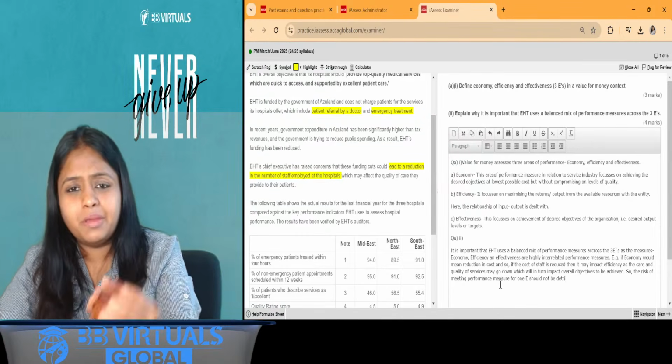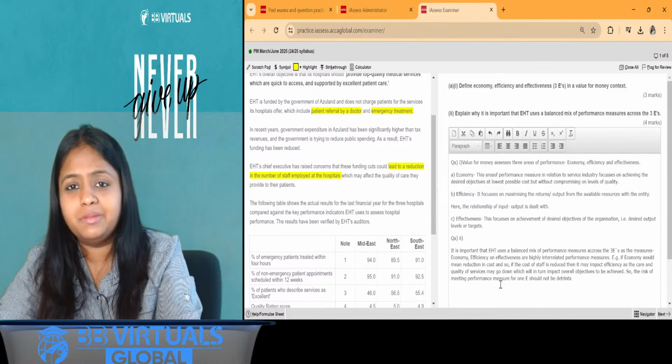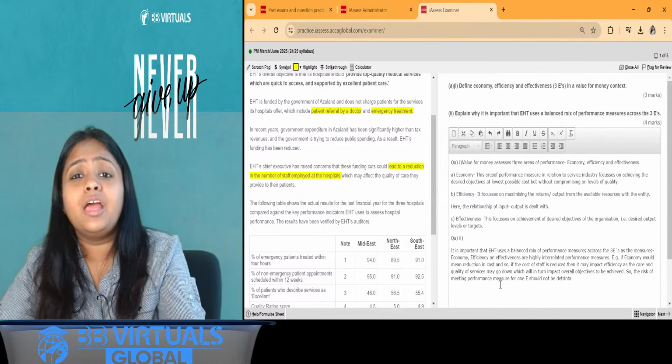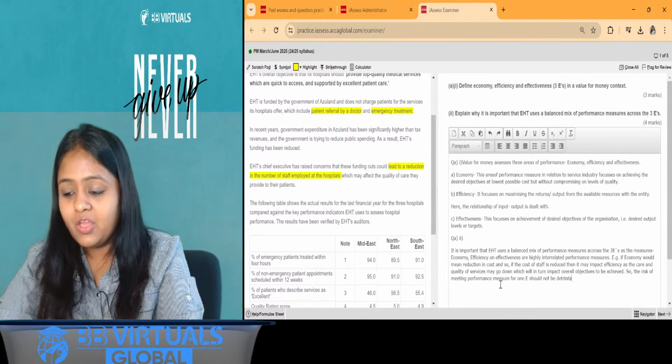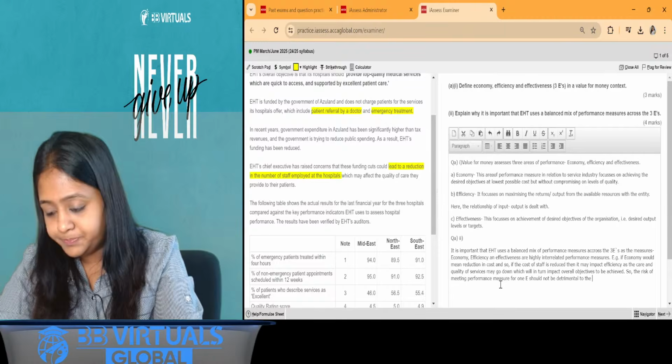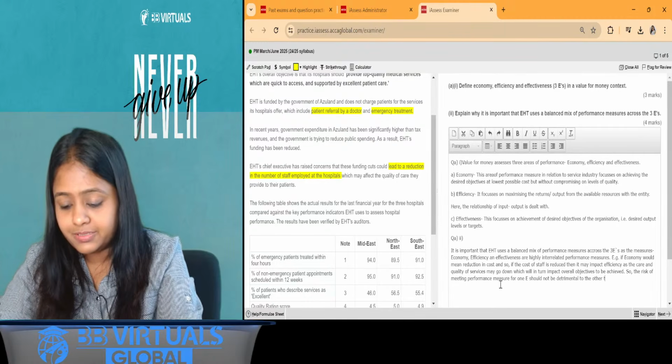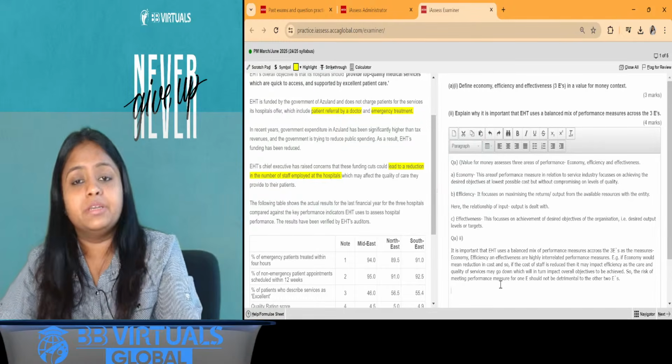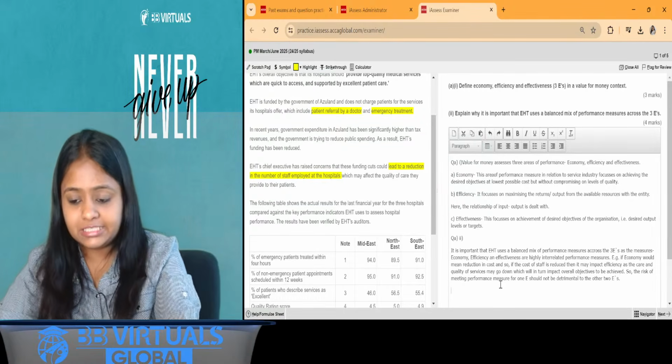Now you remember this term: detrimental means negative. It helps you in writing technical answers. So you have given a finishing statement here, but let's now discuss it with the case study also.